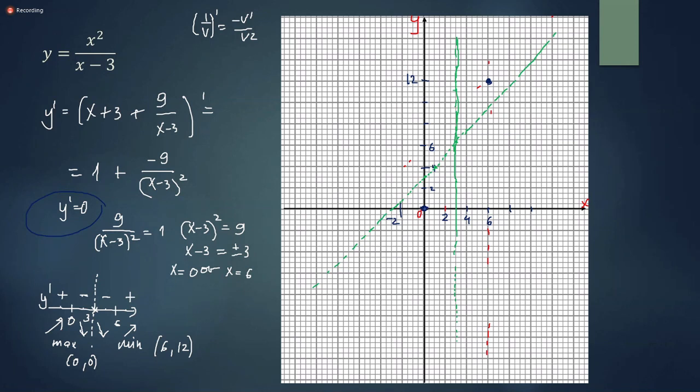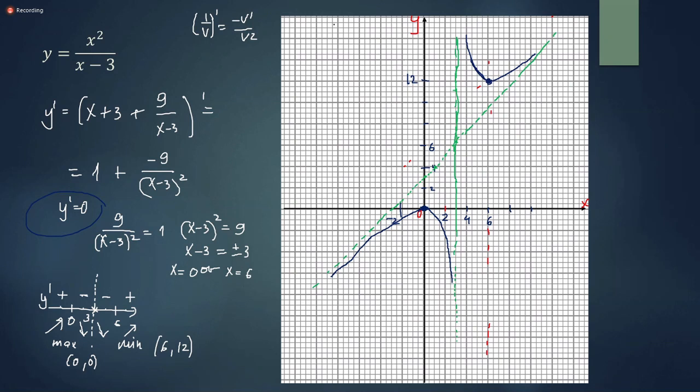And then we say, okay, it goes to the asymptote, and it's increasing, and here it goes to the asymptote and it's decreasing. Here on the right hand side of the asymptote, it decreases to the minimum, and then it increases going to the asymptote.